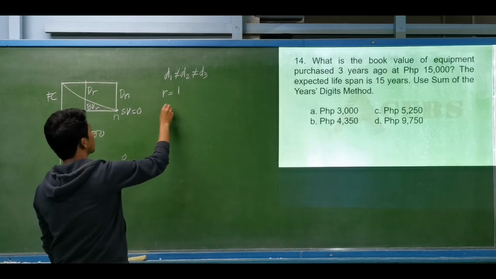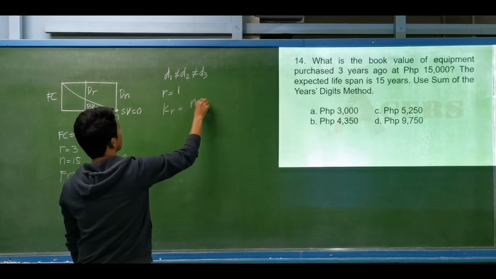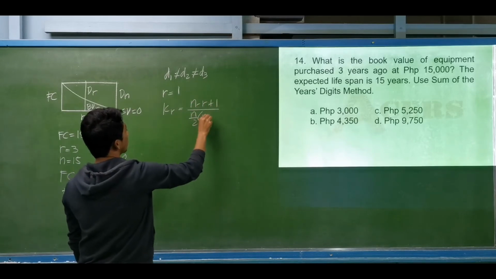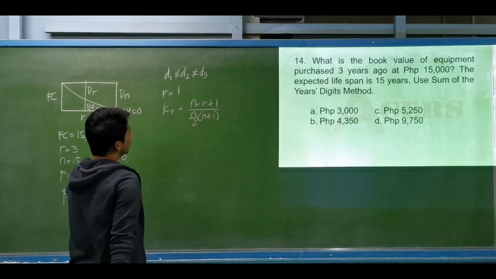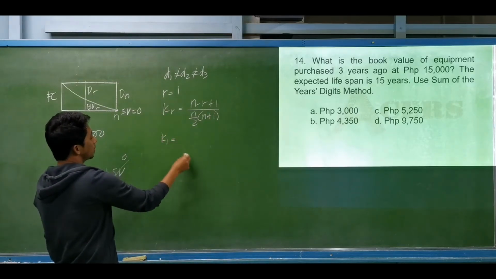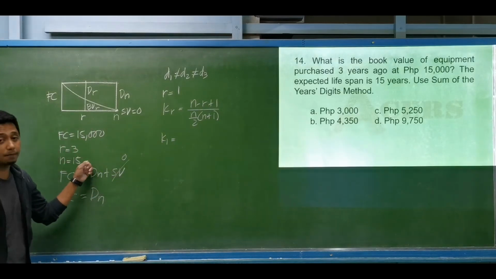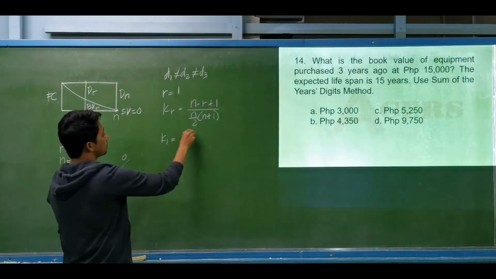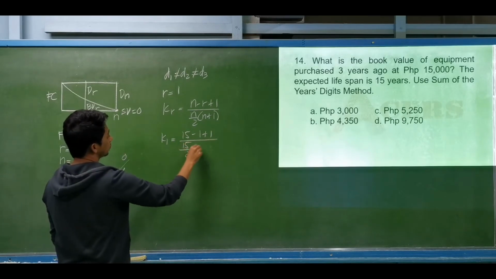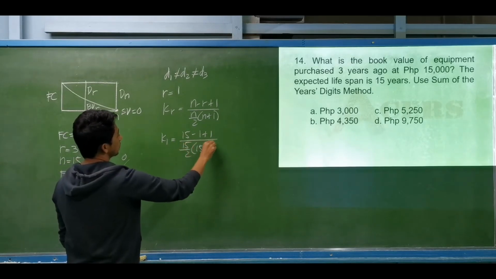This is the case of k sub r equal to n minus r plus 1 divided by n over 2 times n plus 1. Let's say k sub 1, with useful life 15: 15 minus 1 plus 1 divided by 15 over 2 times 15 plus 1.